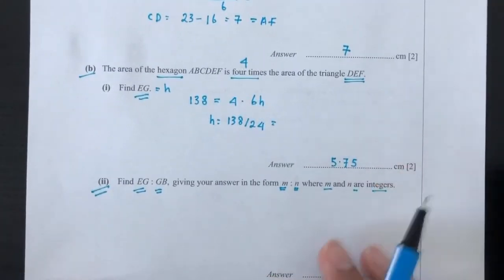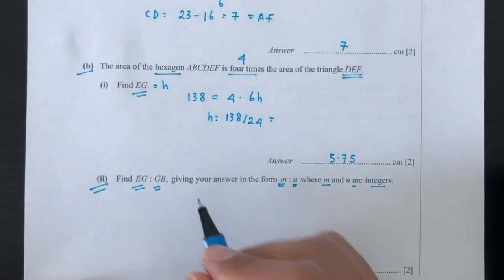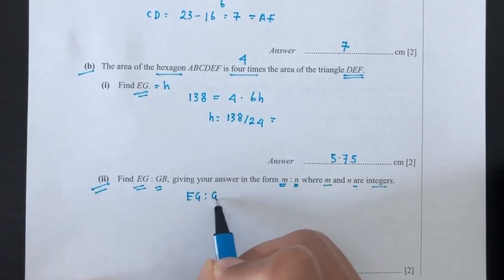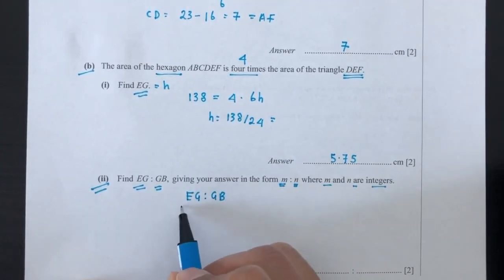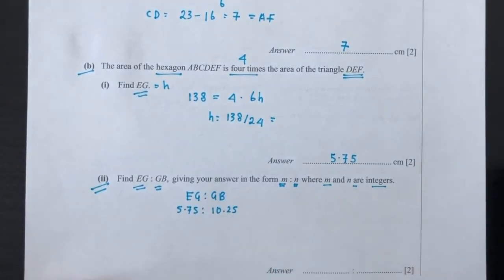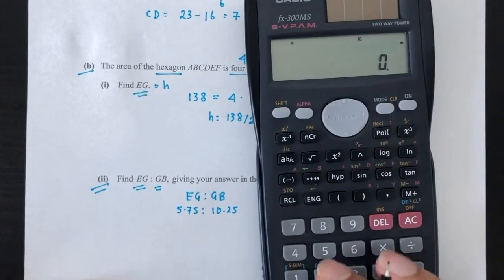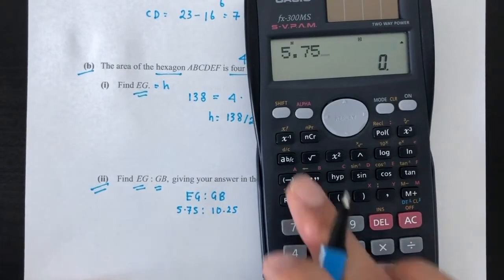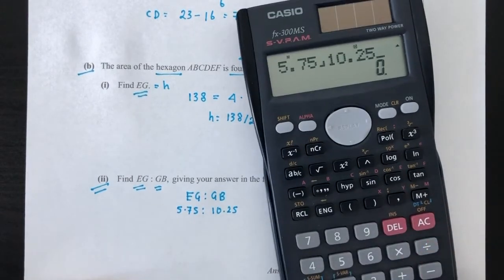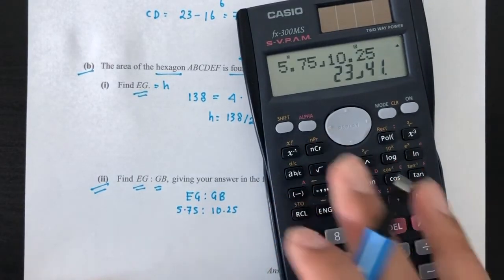So now it has to be an integer. Let's write this down: 5.75 and 10.25. One thing you can do is write this on your calculator as 5.75 over 10.25. It will give you the lowest form of this fraction, which is 23 over 41.